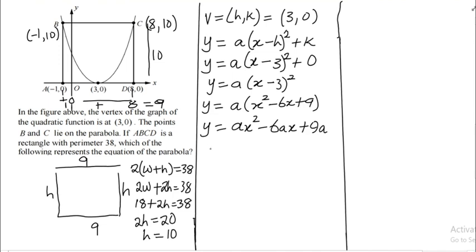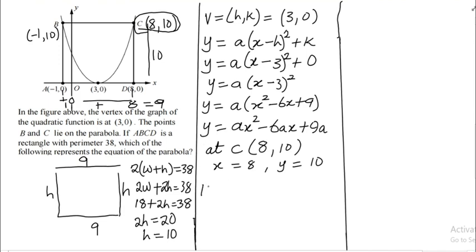So from here, at the point C, which is (8, 10), that means that our x is 8, while our value of y is equal to 10. So we substitute that into this equation in order to get our value of a. Since this is a more simplified form, we will substitute into this version. So y is equal to a times (x squared minus 6x plus 9), and x is 8.